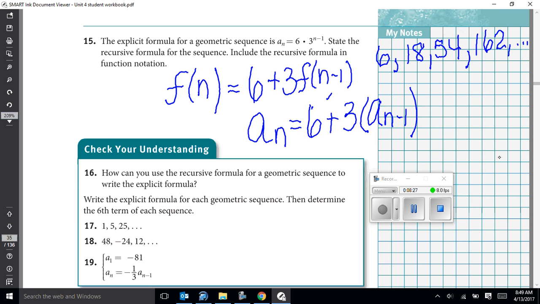So we have our first term, and we're multiplying 3 times our previous term.